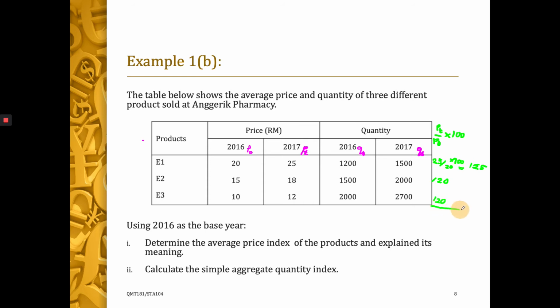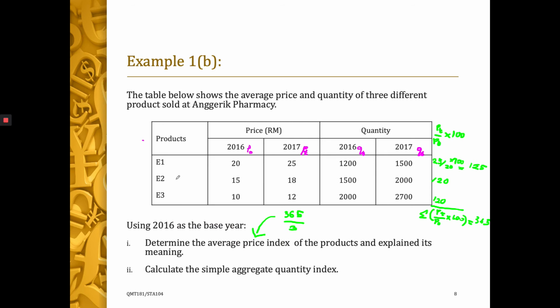So you find this summation, which will be the summation of PT divided by P naught times 100. The value will be 365. To find this, it will be 365 divided by 3.